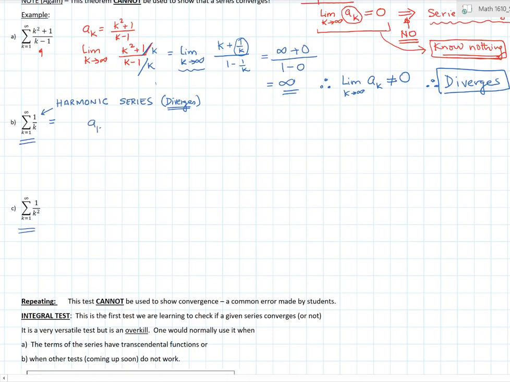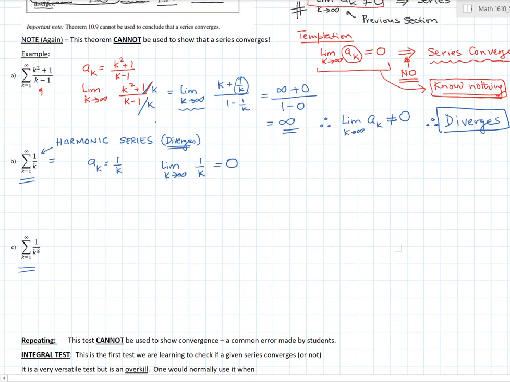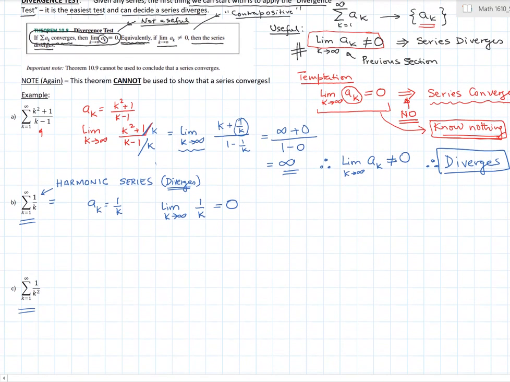So what is my a_k? So a_k is 1 over k. So now I can take the limit as k goes to infinity of 1 over k, and that is 0. So now one would think, what's the conclusion?